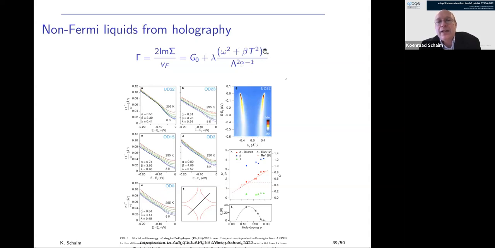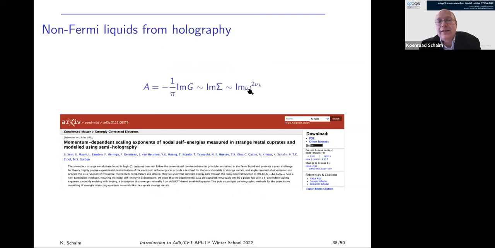Okay, and this alpha is essentially what was called nu_kF a moment ago. This is the common nomenclature in this system. And so here you see an experiment in a high-Tc superconductor, which has this power law behavior in the self-energy exactly as predicted in holography.